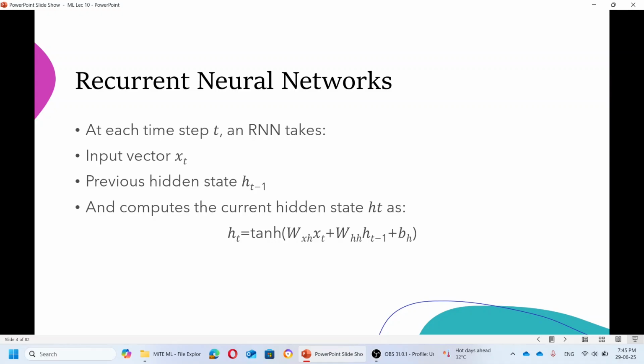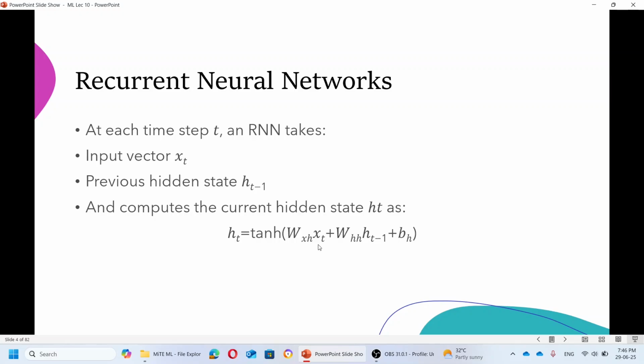And then at the dense layer we have the previous hidden state ht minus 1 computing the current hidden state ht. So ht is equal to tanh of Wxh xt plus Whh ht minus 1 plus bh. This tanh, hyperbolic tangent, is the activation function which is used to make the output nonlinear.